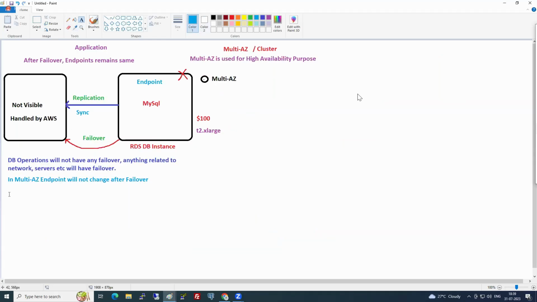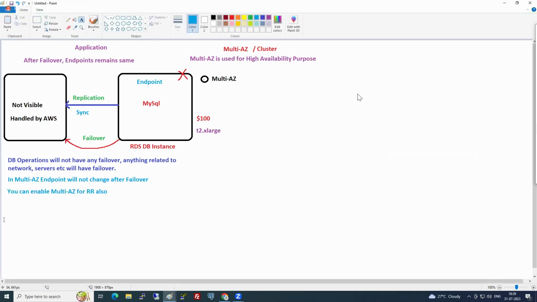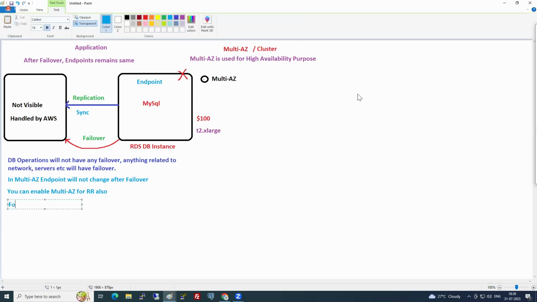Certification question: you can enable multi-AZ for read replicas. How are the charges for multi-AZ? Charges are double.